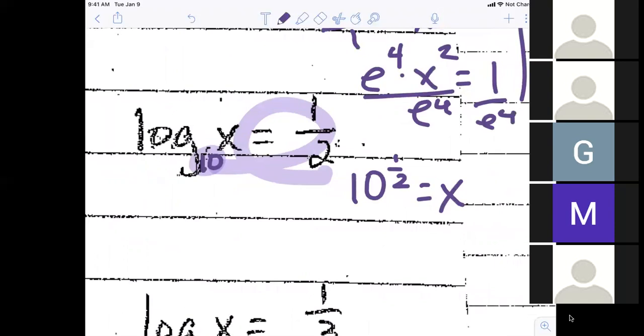So the 1/2 is my exponent. And as we were just doing on the first page, whenever we had an exponent of 1/2 or 1/3, it came from a radical. So 10 to the 1/2 is radical 10 equals x.